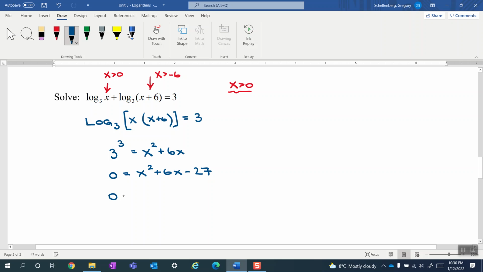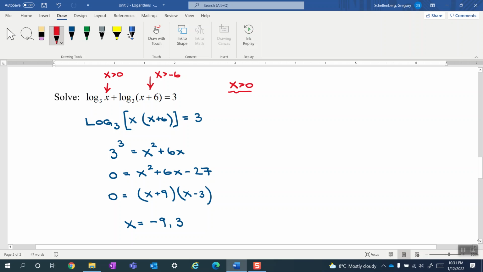It should end up with 0 is equal to x plus 9 times x minus 3. And so our solutions for x are going to be -9 and +3.